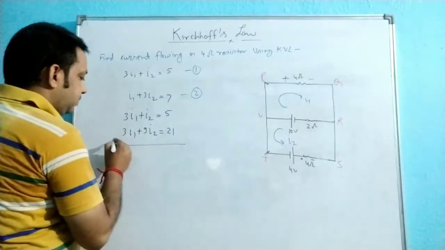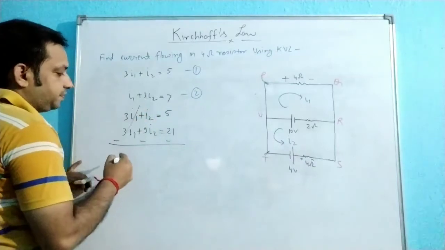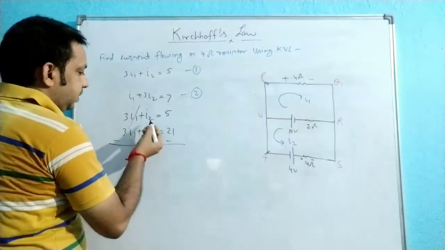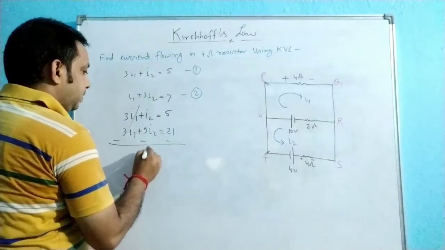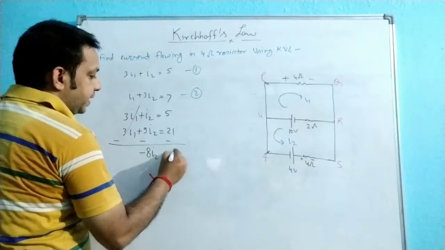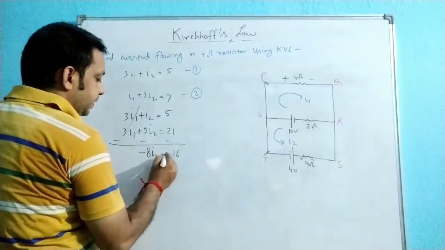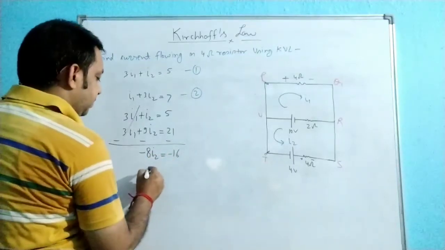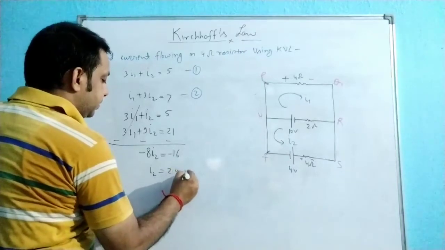Just subtract the values, minus, minus, minus, 3I1 gets cancelled out, and for I2 here you will get minus 8I2 is equal to minus 16. So I2 is equal to 2 ampere.